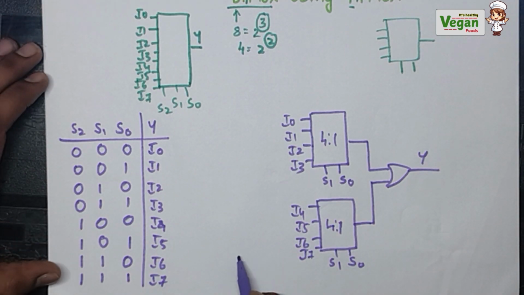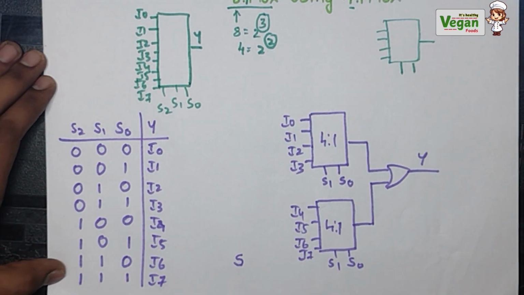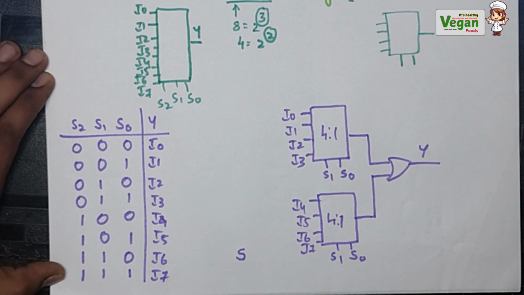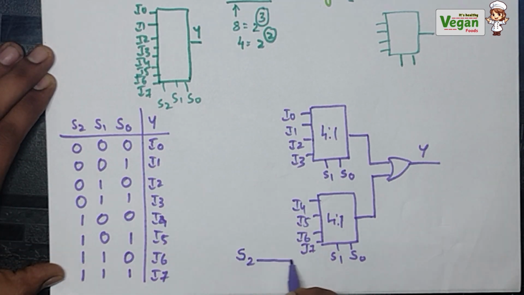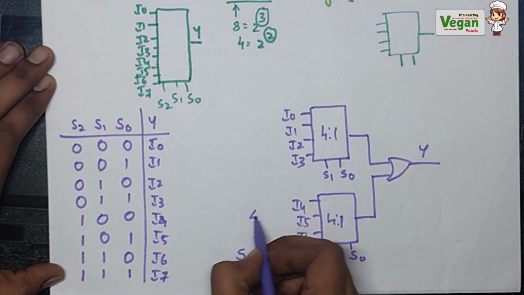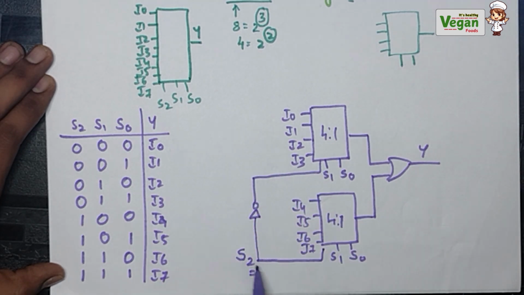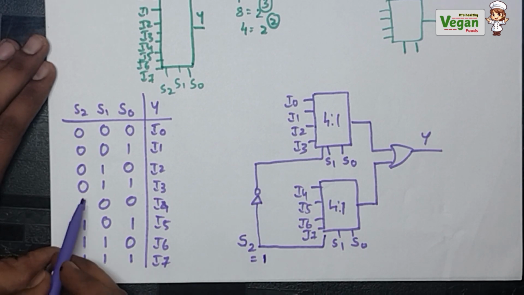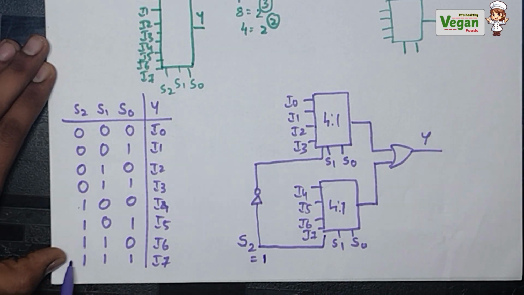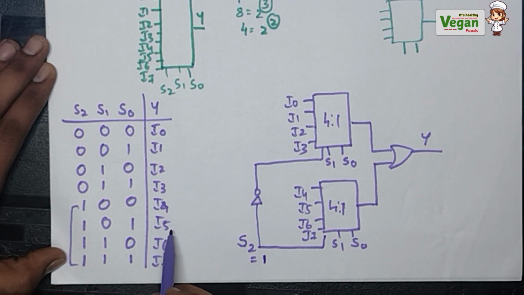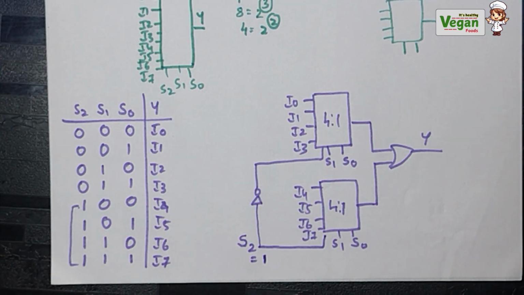So I will give an external selective line. I will use an external selective line S2. I will give the direct connection to this 4:1 mux, and while giving to the other 4:1 mux I will use a NOT gate. Therefore when the S2 value is equal to 1, I4, I5, I6, I7 will be activated and the output will come through it.